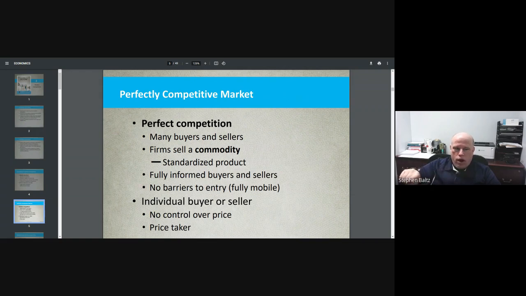So they can sell all they want at the market price, but they can't charge anything higher than the market price, or their sales will fall to zero. Okay, so a firm that's operating in perfect competition, we call a price taker, because they must take whatever the market price is because they have no control over it.